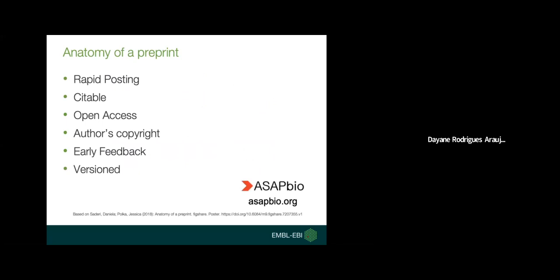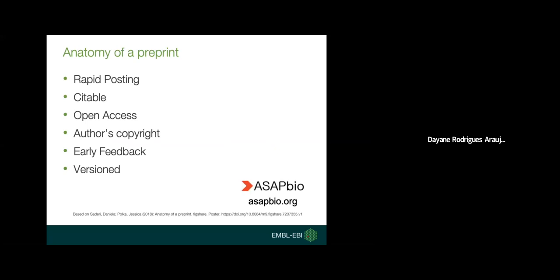So here I would like to highlight some characteristics of a preprint, and this is taken from a website called ASAP Bio. Preprints allow really rapid posting, with lightweight screening in less than 48 hours, with a brief quality control inspection to ensure that the work is scientific in nature. So the manuscript is posted within a day or so on the web.